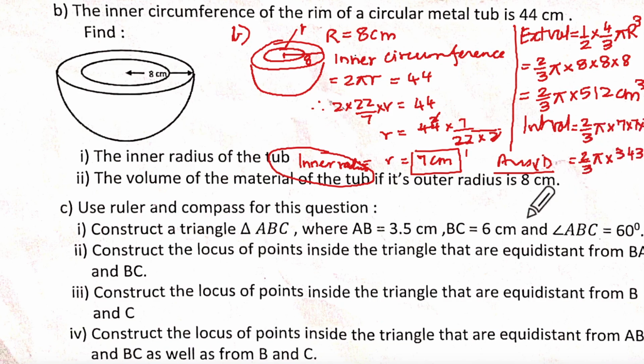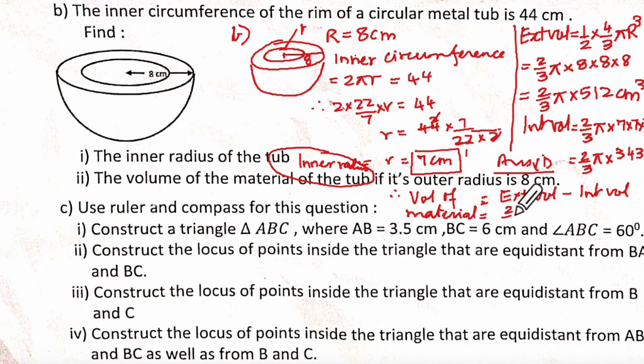Now you are going to say after that, therefore volume of material will be equal to, please write, external volume minus internal volume. See, you all will only write the formulas and the numbers and not write these words. You must write these words.